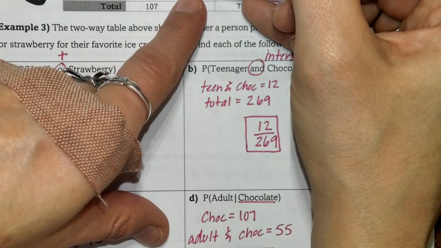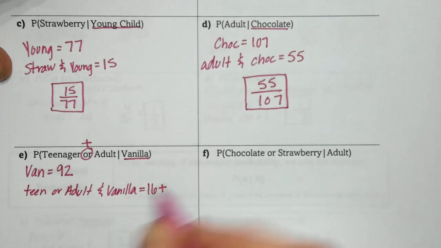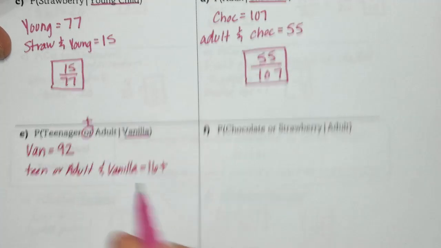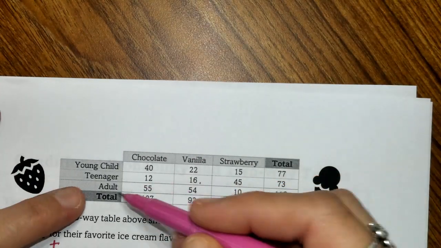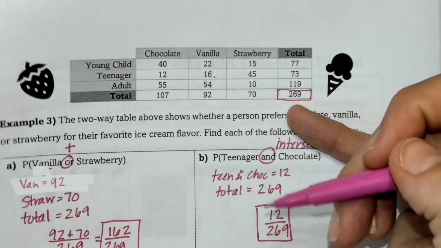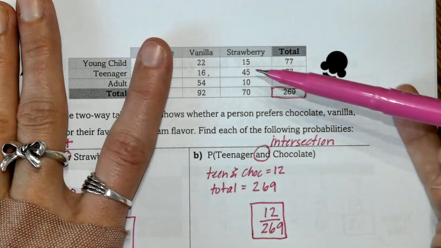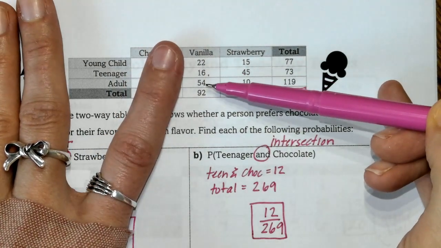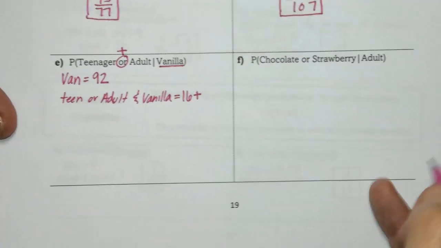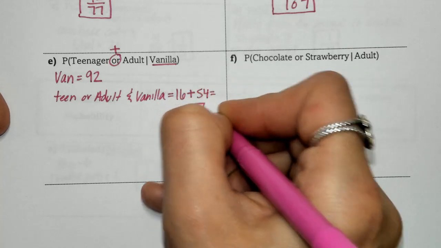So we're looking at that intersection. 16, plus your adult and vanilla. So teen and vanilla was 16. Adult and vanilla is going to be the 54. So we're going to take those two. We're only looking in that vanilla section. We want the teenager, 16, or the adult. So we need to combine those together. 16 plus your 54. This will equal a total of 70.